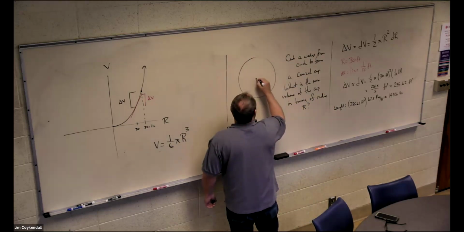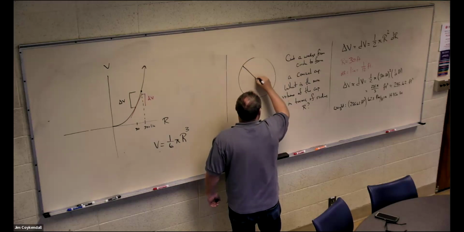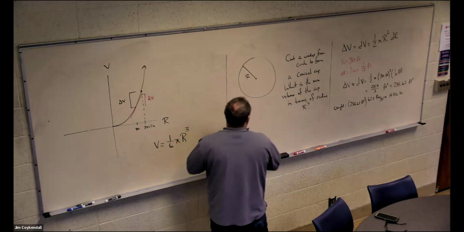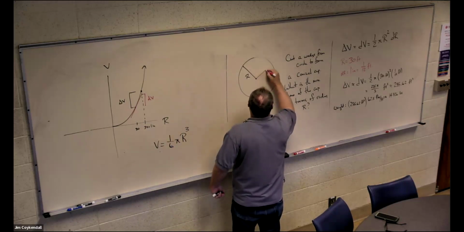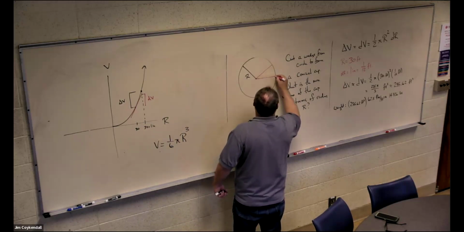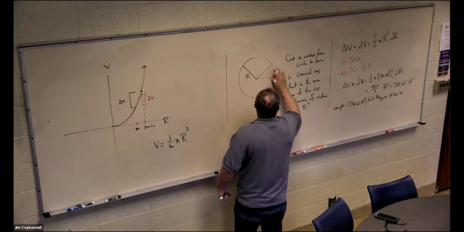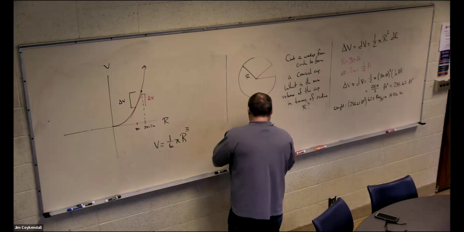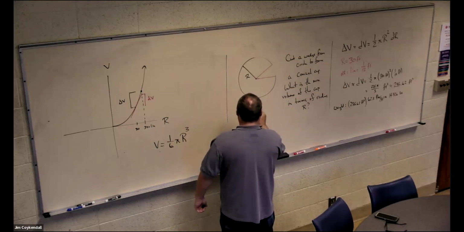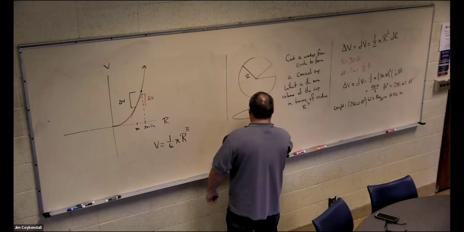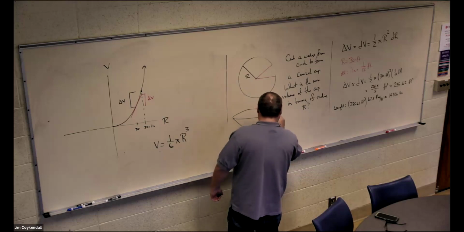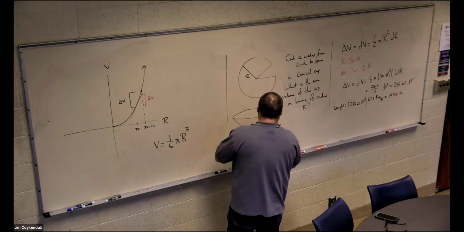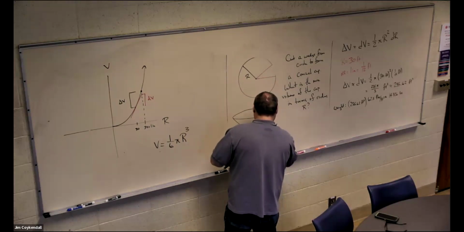Or R is the radius of the circle. The idea behind the problem is you cut some wedge out of it, and you fold that up into a cup by connecting the red pieces, kind of pulling them together.